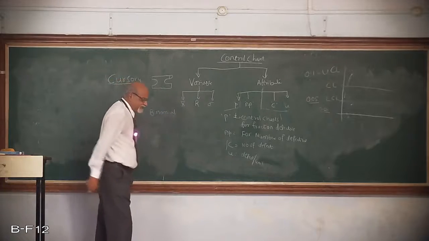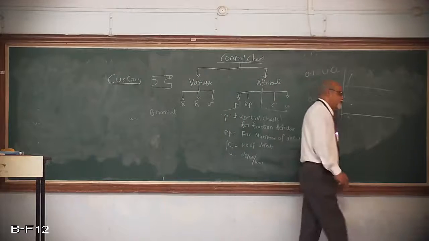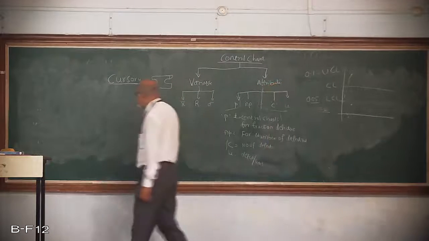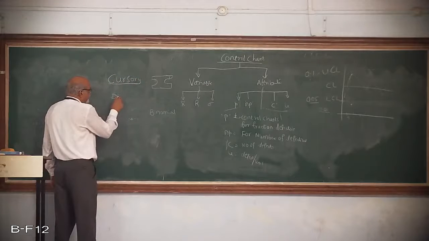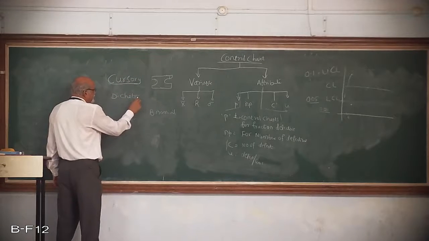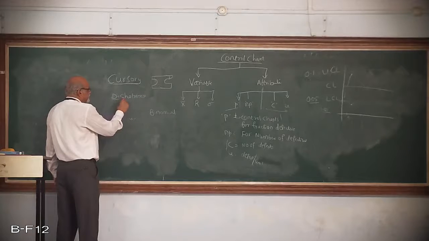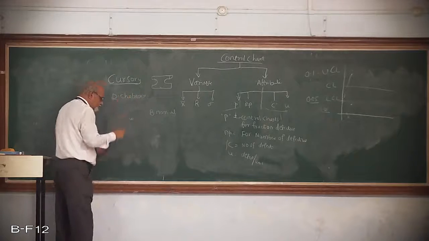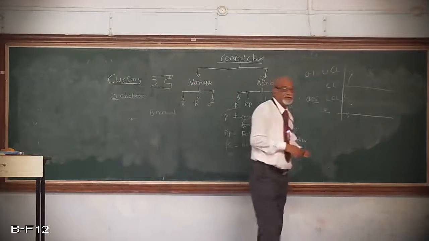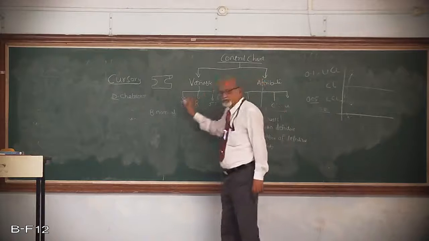Or we say that it is dichotomous in nature. Dichotomous: di means two, chotomous means cut. Whenever I cut, two parts. Every time I will go on doing that. So which will it follow? The binomial distribution.